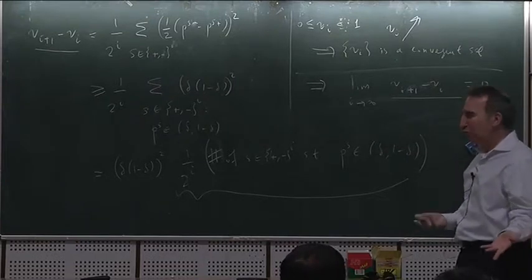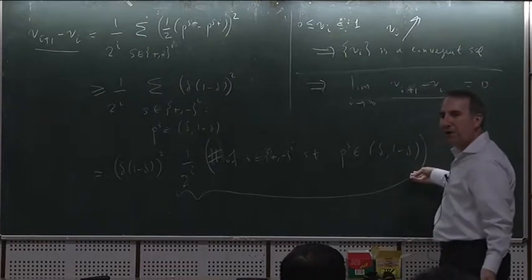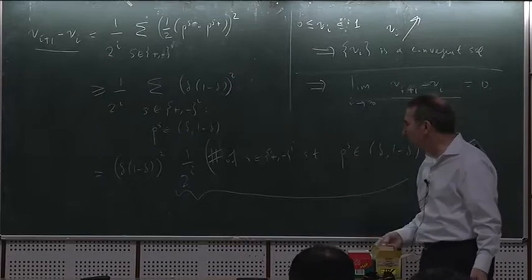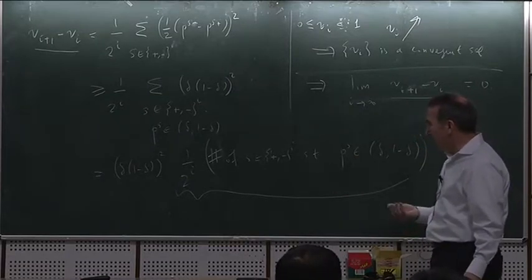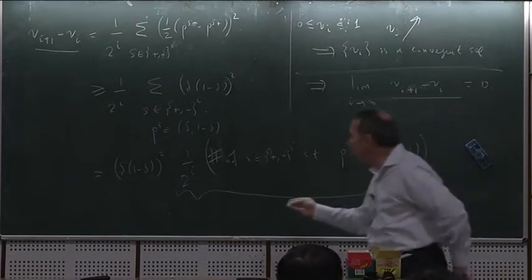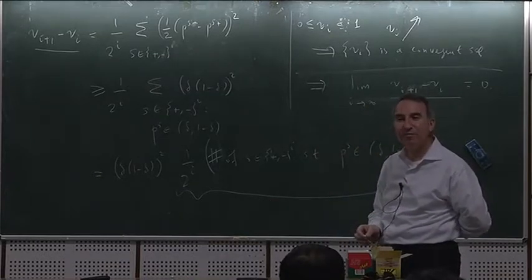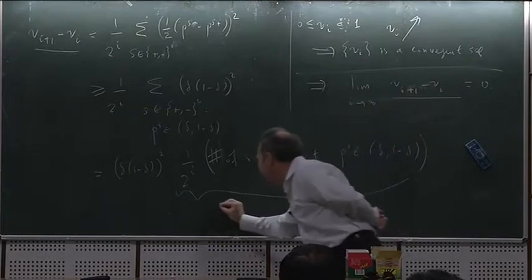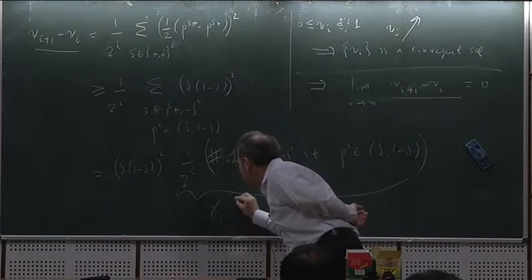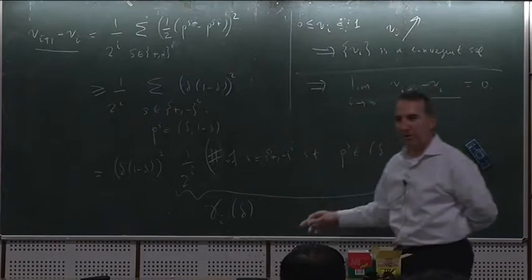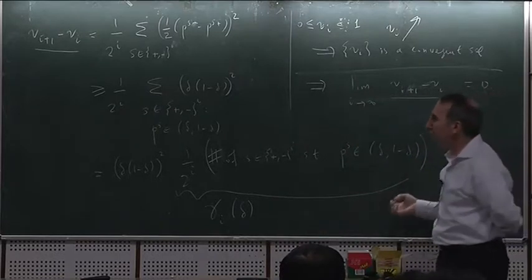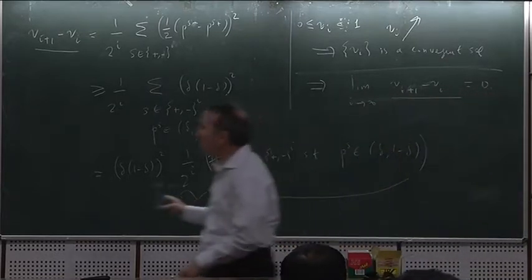So consequently, this fraction here, let me give it a name. Let's call it gamma sub i of delta. Gamma sub i of delta are the following things, just to give it a name.